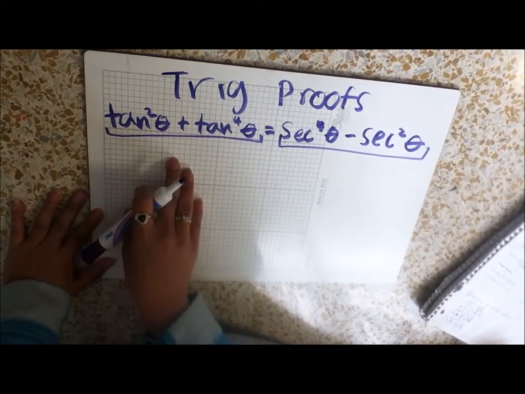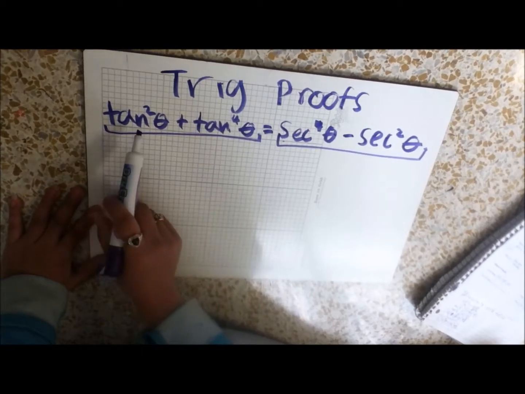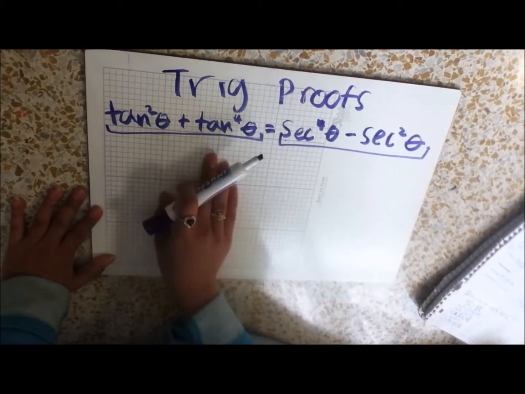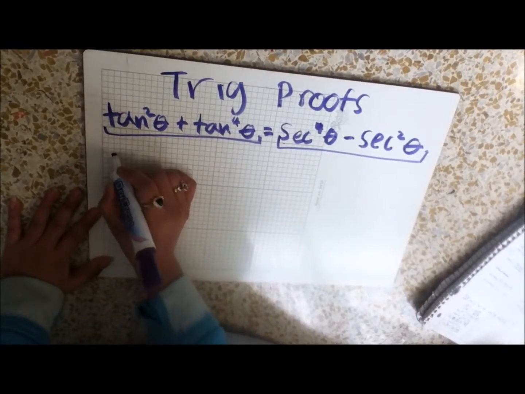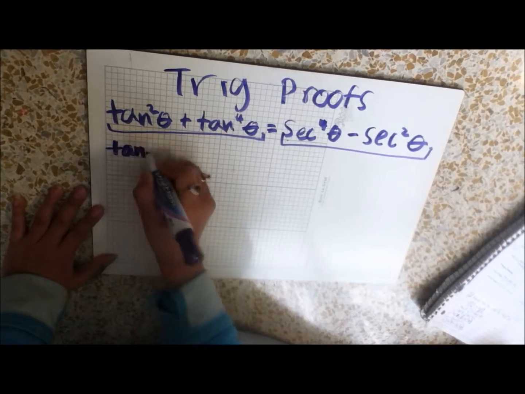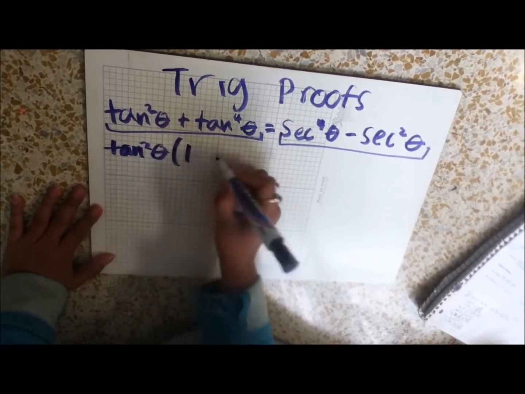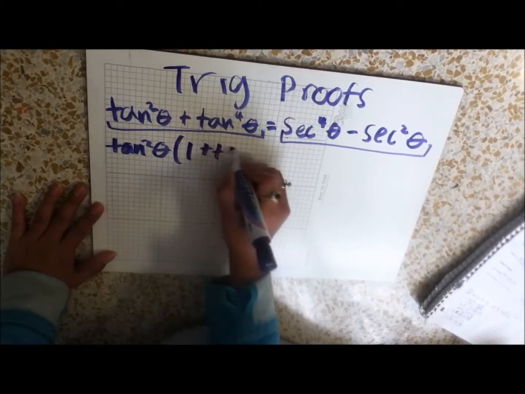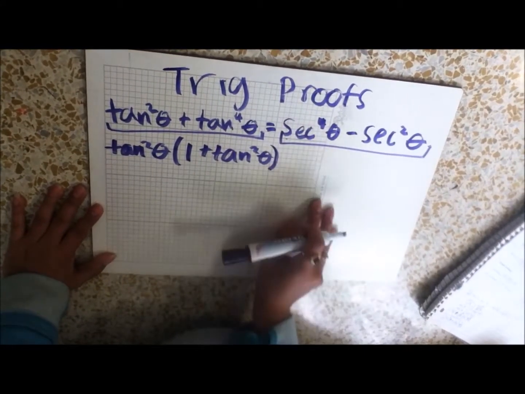What we have to look for now is that tan squared theta is inside tan to the 4th power theta, so we're going to bring that out. We're going to factor it. So it's going to be tan squared theta, and we're going to use a 1 to hold the place: 1 plus tan squared theta. That's it.